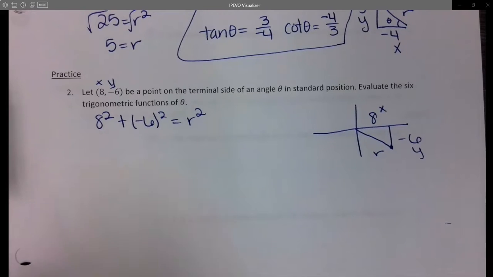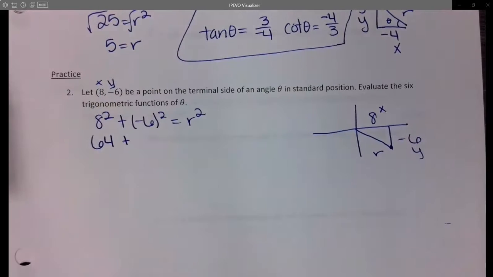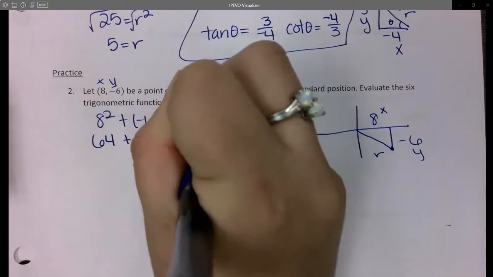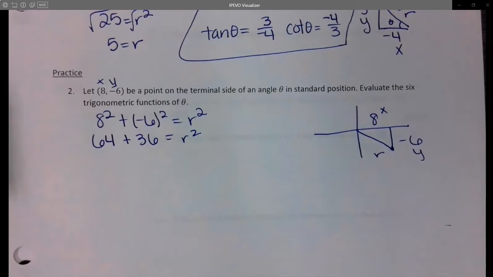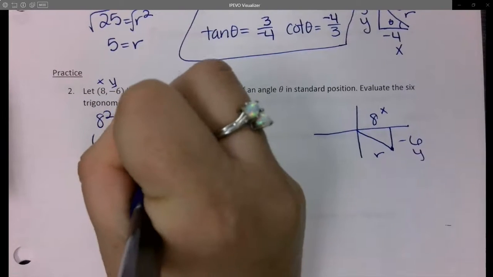Then I want to figure out what 8 squared is, which is 64. -6 squared is going to give me a positive 36. R squared stays r squared. 64 plus 36 is 100.